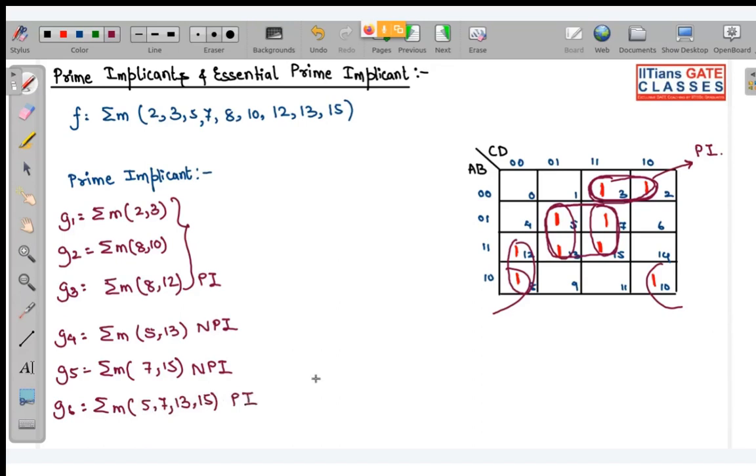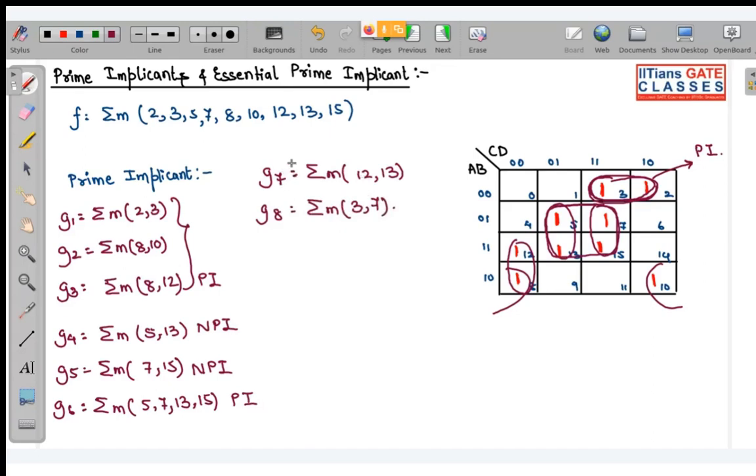Now see very, very carefully. Let me ask you, is this min term a prime implicant? Is this a prime implicant? G7 and G8, right?